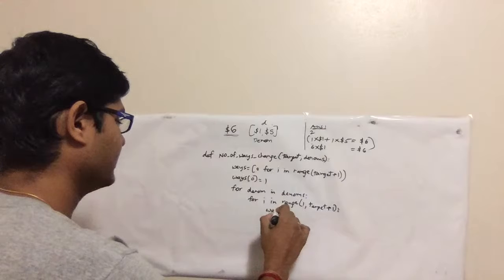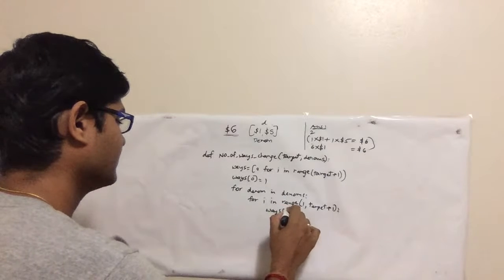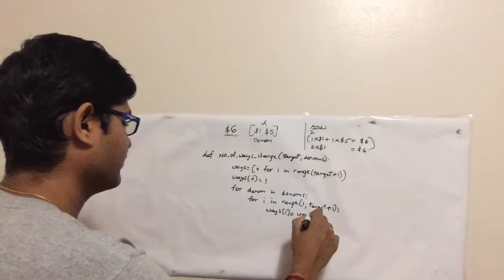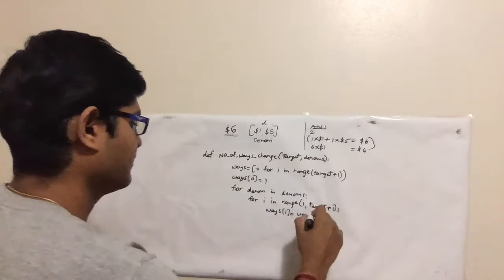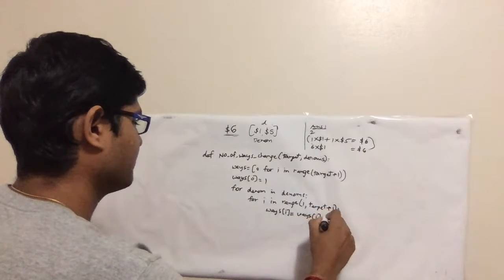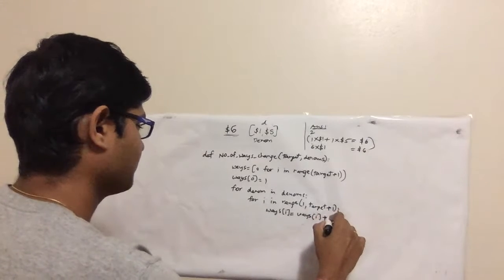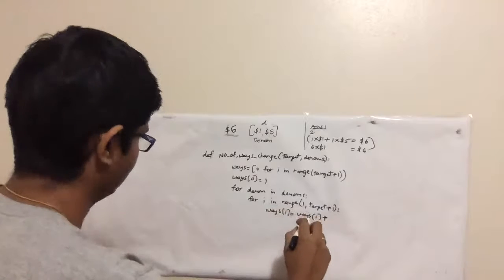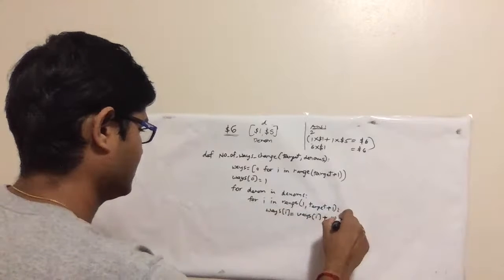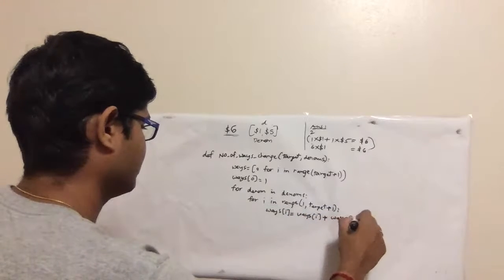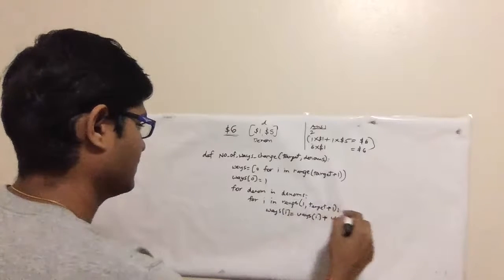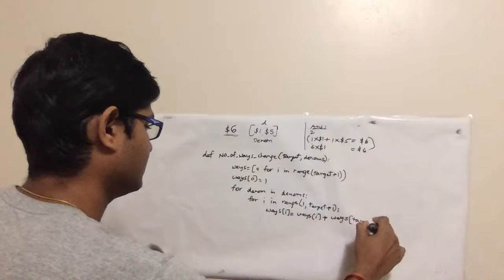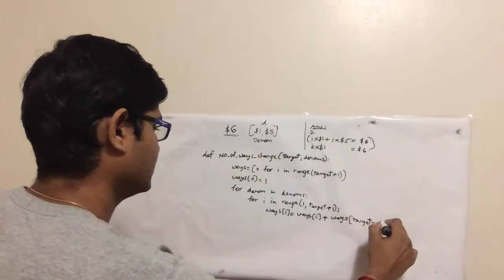So we will update the ways array: ways of i is equal to ways of i plus ways of i minus denom.